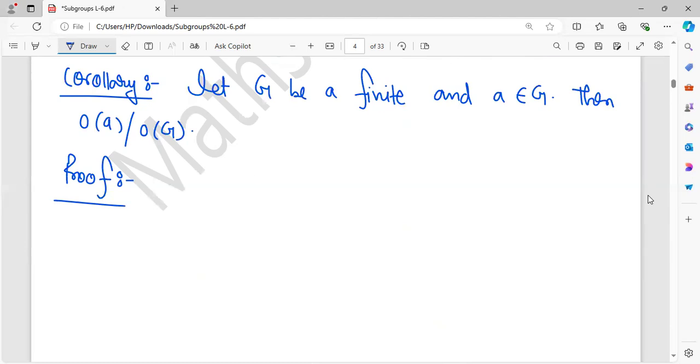G is finite. It means the order of G is finite.